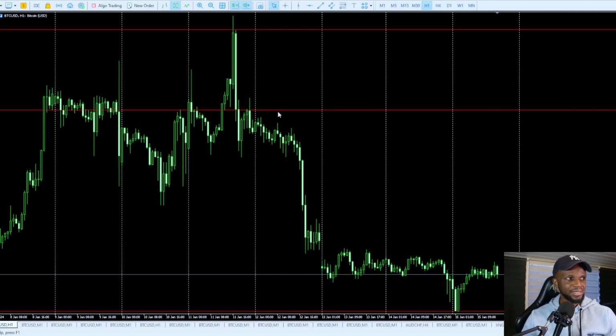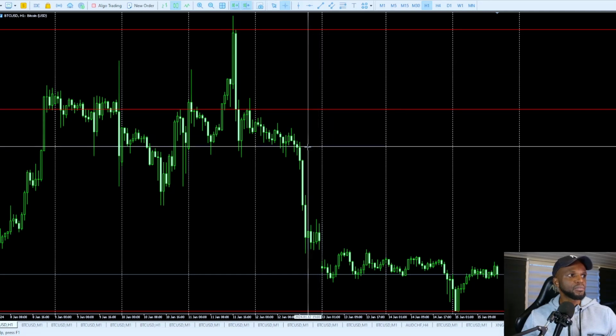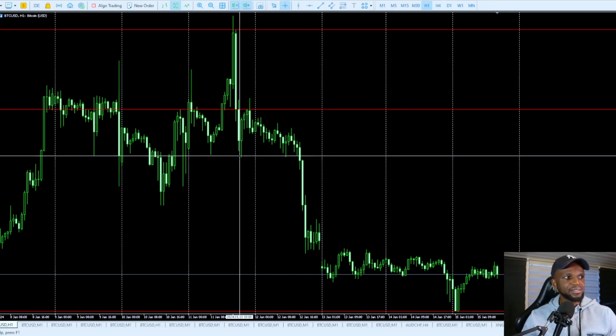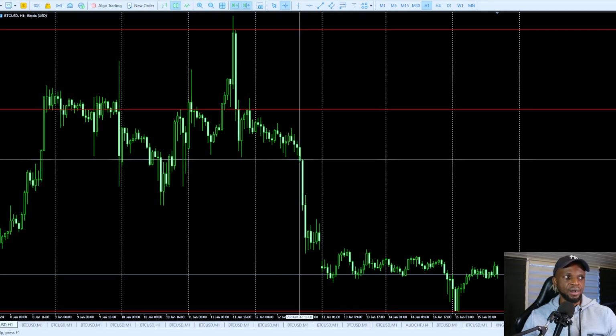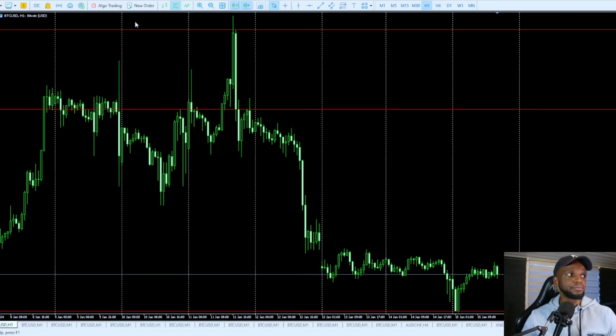But for the ones that I stack in, what I tend to do is I take the first trade here, and then I wait till price bounces off, goes up and bounces off, gives me confirmation that it's going to go down. However, I tend to wait till it comes here, breaks this level of support, closes below the level of support on this bar, and then I enter another trade here.